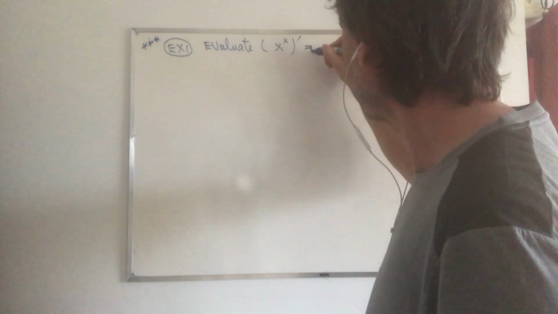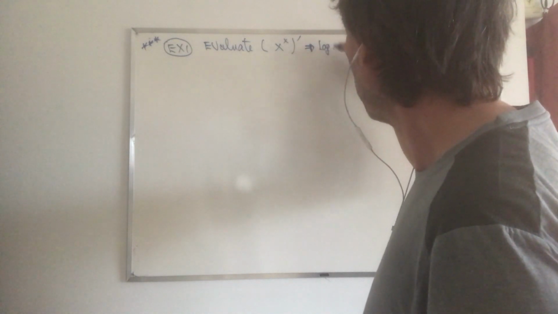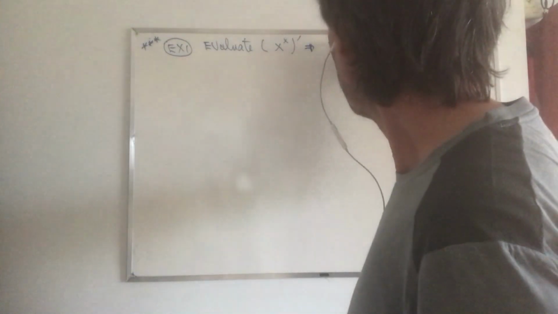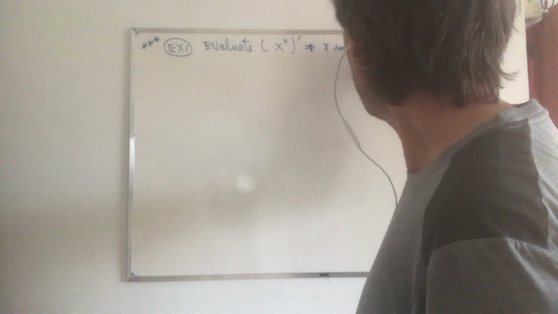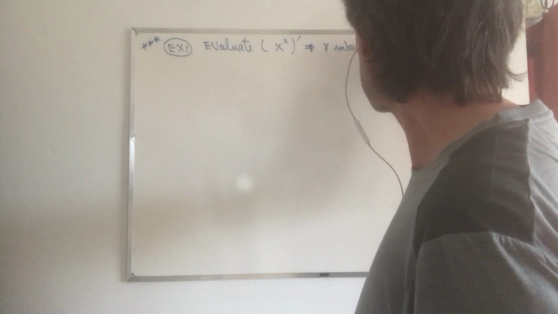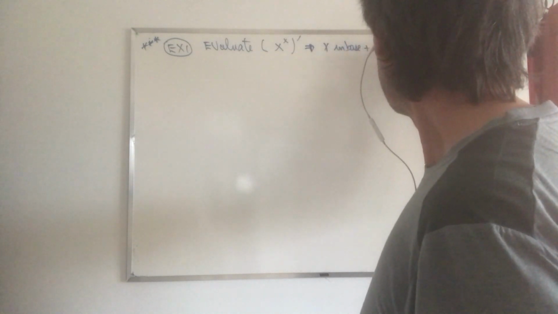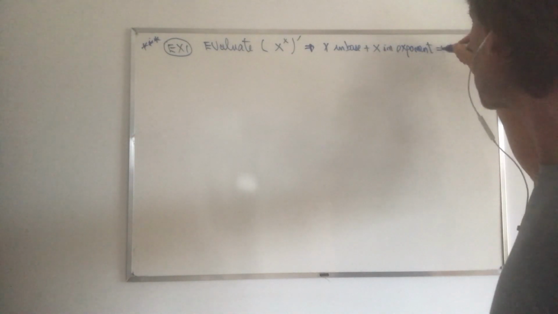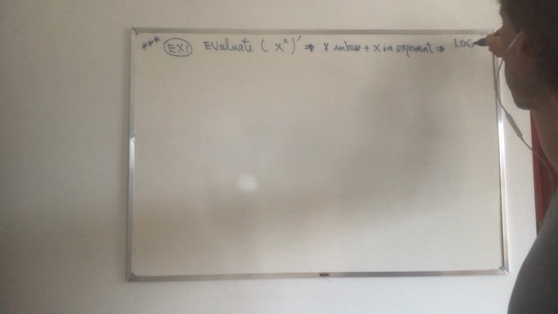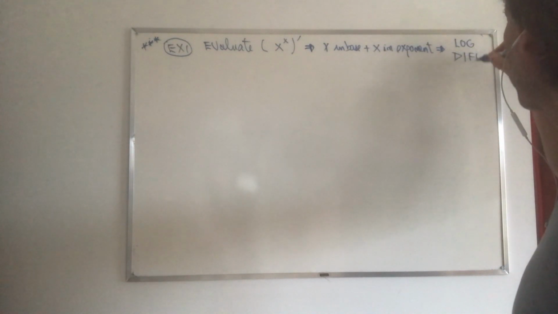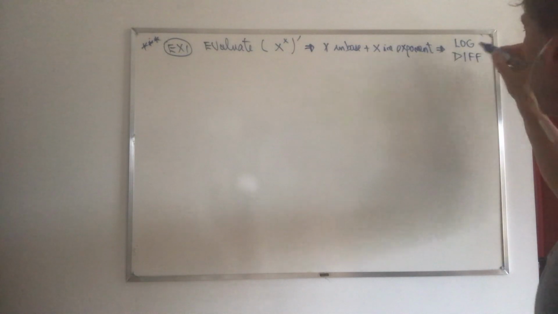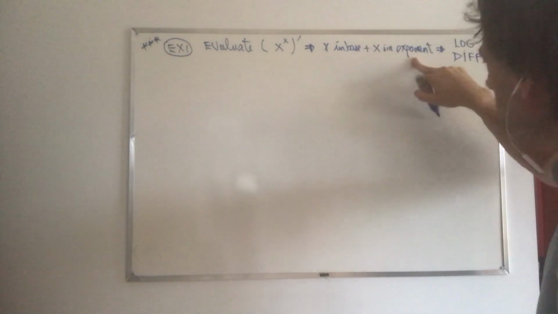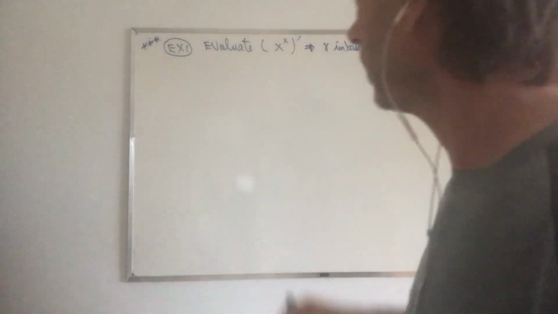So x in the base plus x in the exponent implies log diff, like we have here.